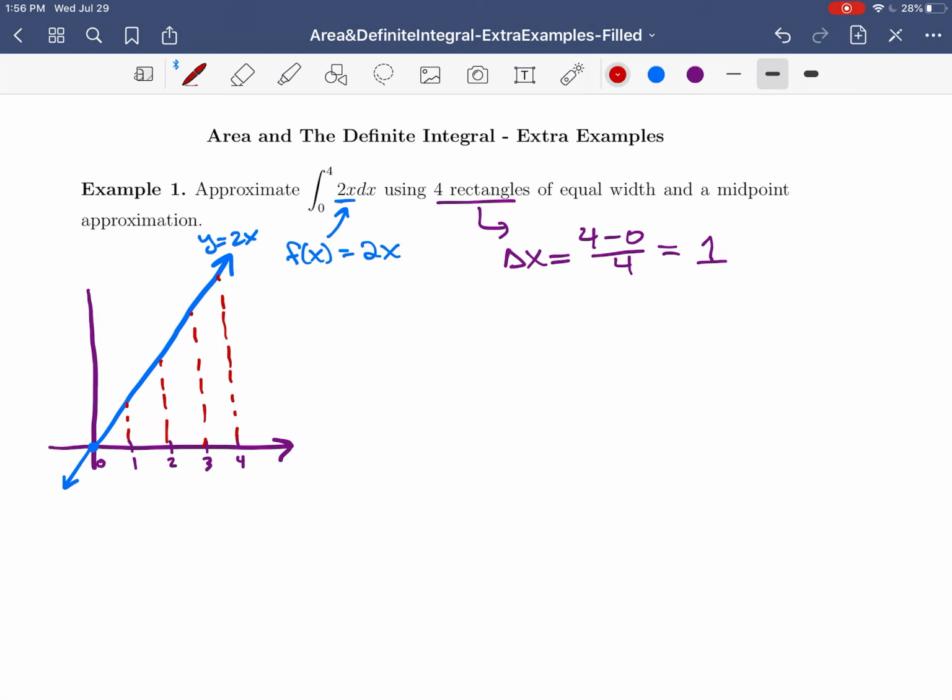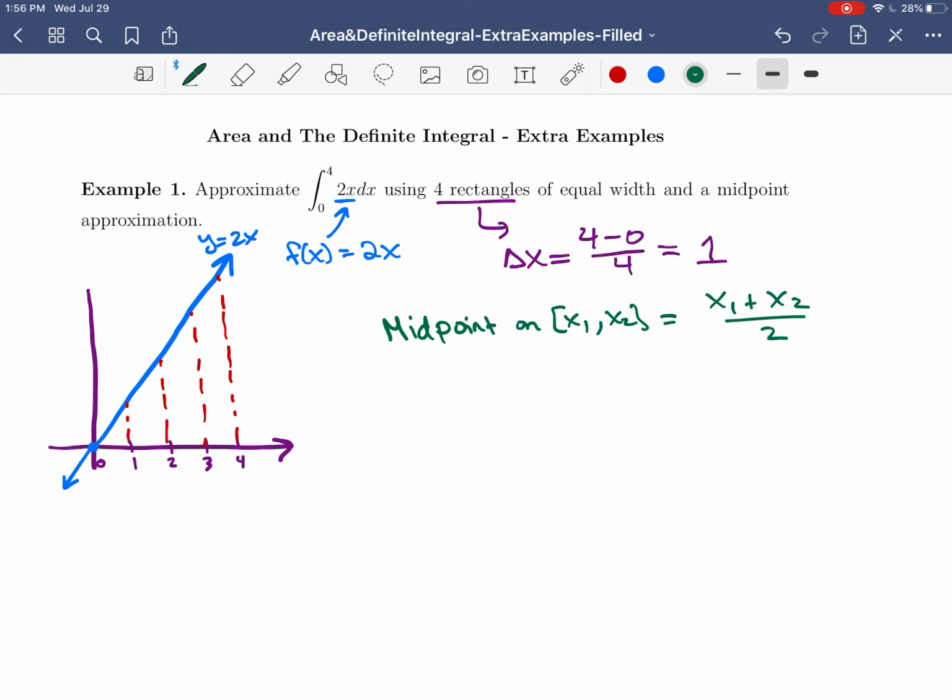So we want to use the midpoint. In each one, we're going to take the middle point. Maybe I should write this. To find the midpoint, it's the average of the endpoints. So the midpoint on the interval from x1 to x2 is going to be the average of these two values, so you add them and divide by 2.